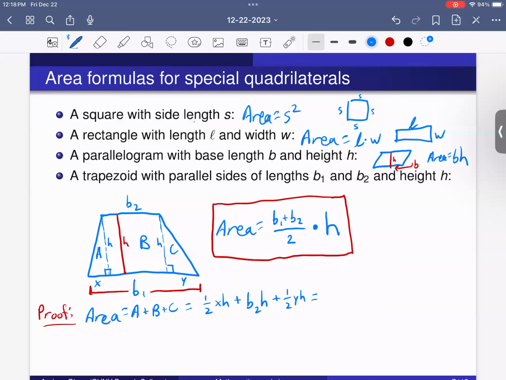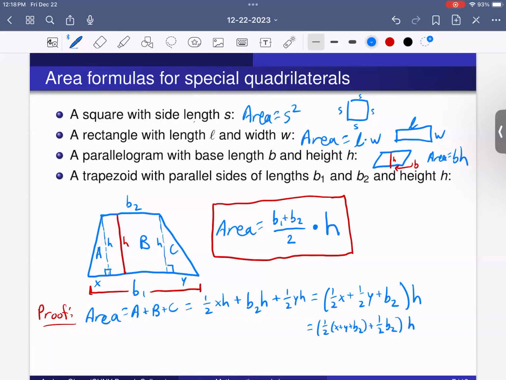And what is this? This is equal to 1/2 X plus 1/2 Y plus B2, times H. And what is 1/2 X plus 1/2 Y plus B2? We can write this as 1/2 times X plus Y plus B2, plus 1/2 B2.